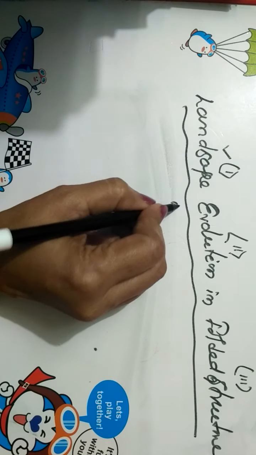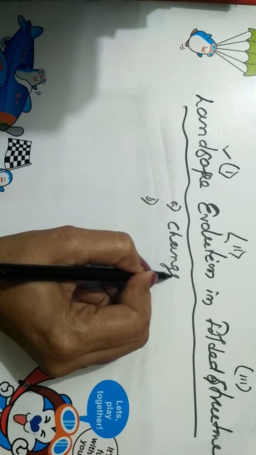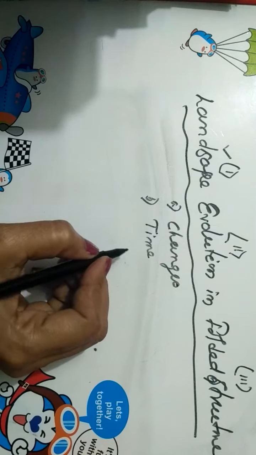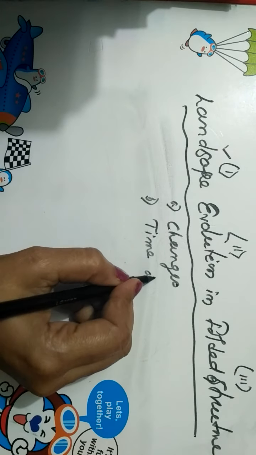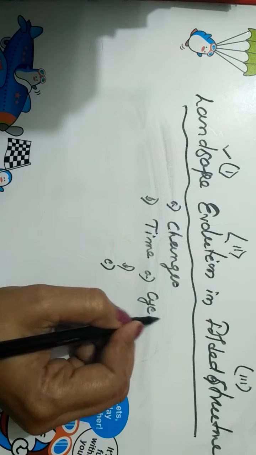Evolution related to two things. First one is the changes and second one is the time. Okay, in geography, there are three types of time scale. First one is the cyclic time scale.